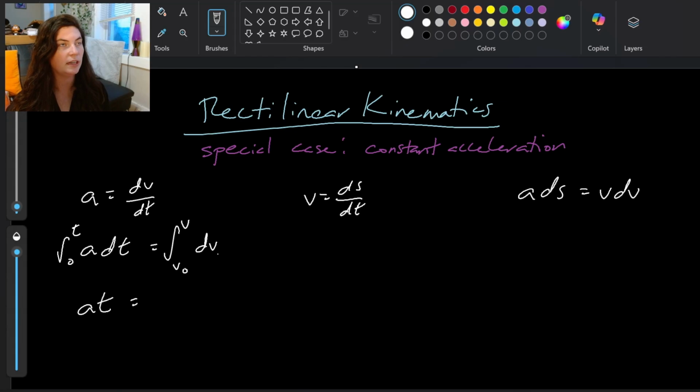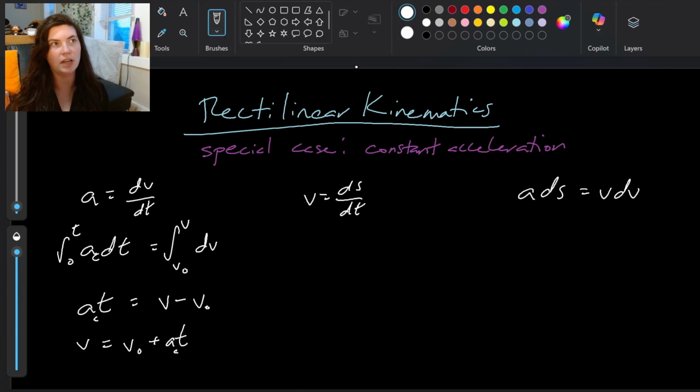And then here we're going to get the integral of dv is just v, which is v minus v naught. So v equals v naught plus at, just rearranging it. And sometimes you'll see it with a subscript, a c, for constant acceleration.